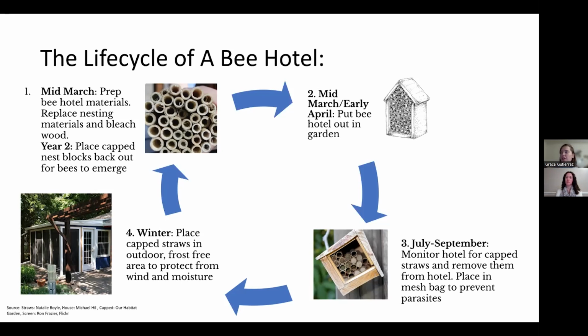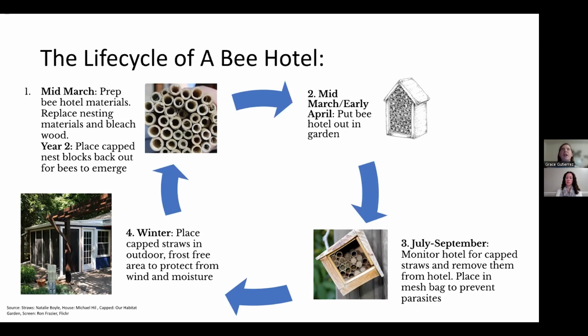The summer bees are typically June into July and August. So essentially, the life cycle of a solitary bee is, I'll use spring bees as an example, but the same applies to summer bees.